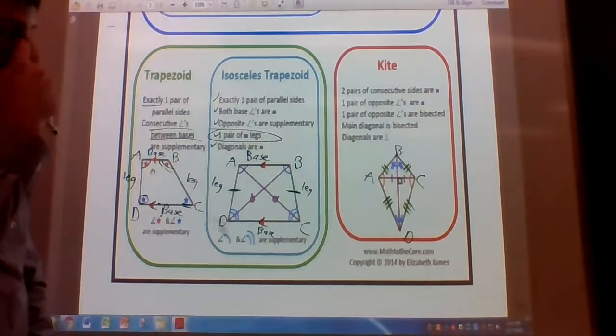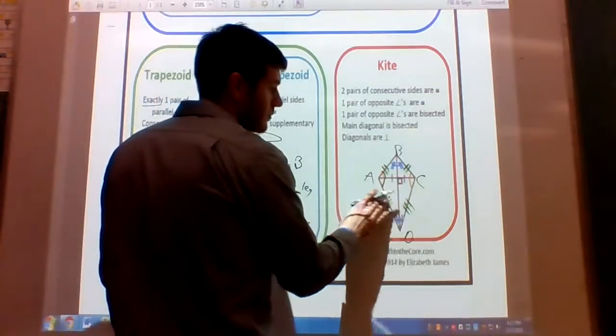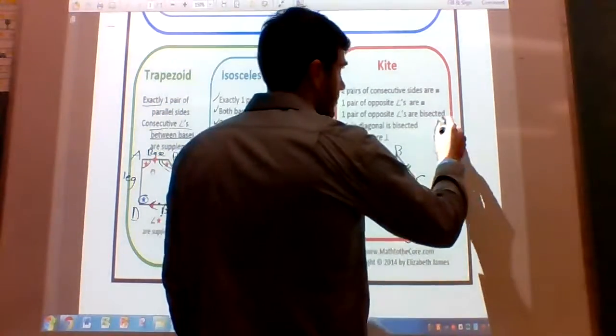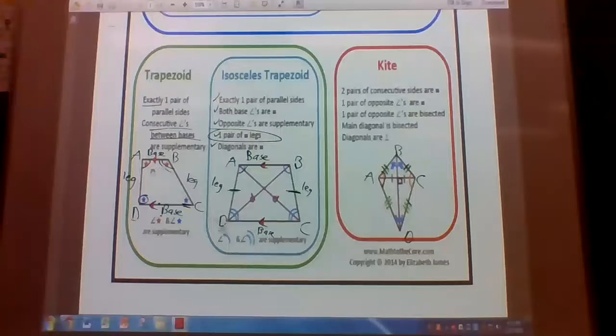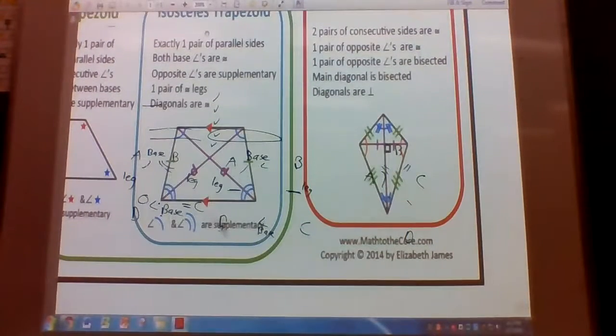Okay, one pair of opposite angles are congruent. So in this case, it's going to be angle A and angle C. So let me draw that one out. Let me zoom in. Head over to the kite.